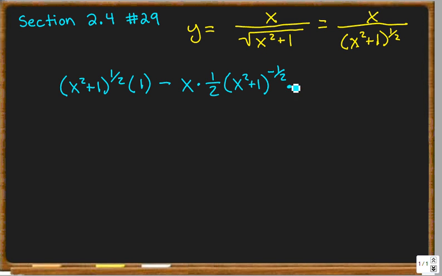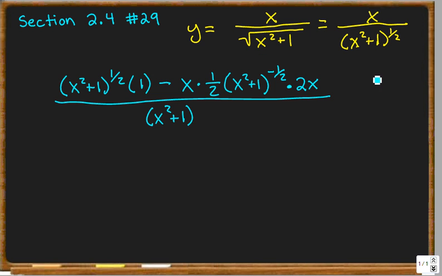And then on the very end, I have to multiply by the derivative of the inside, which is just 2x. So that is my unsimplified numerator. And then the denominator is going to be just x squared plus 1, because I'm actually going to square my denominator, so it goes from a square root to a square.